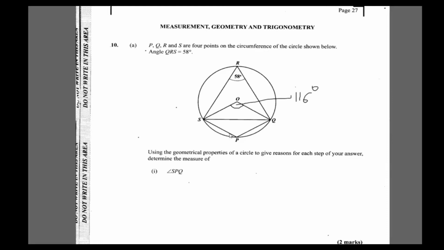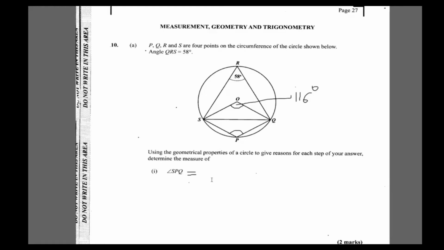SPQ, so this angle. First and foremost, guys, RSPQ forms a cyclic quadrilateral, and opposite angles in a cyclic quadrilateral sum to 180. And so angle SPQ is equal to 180 minus 58. Question is so easy.